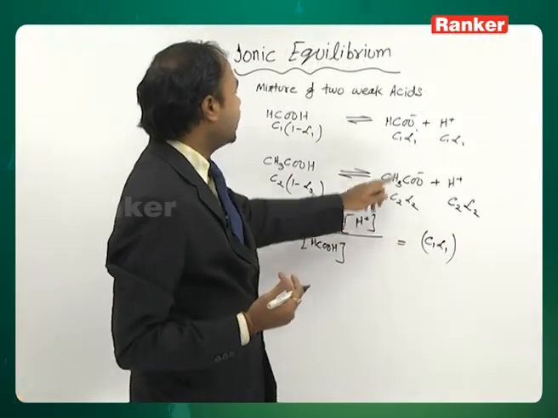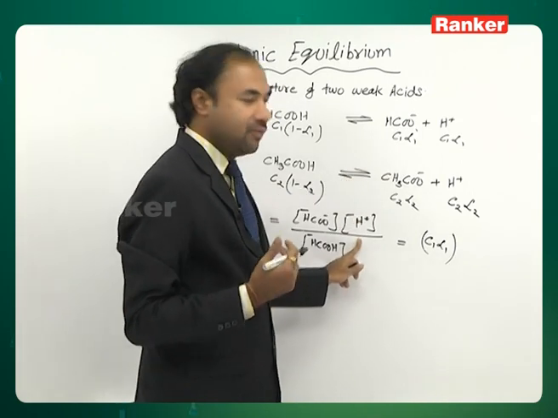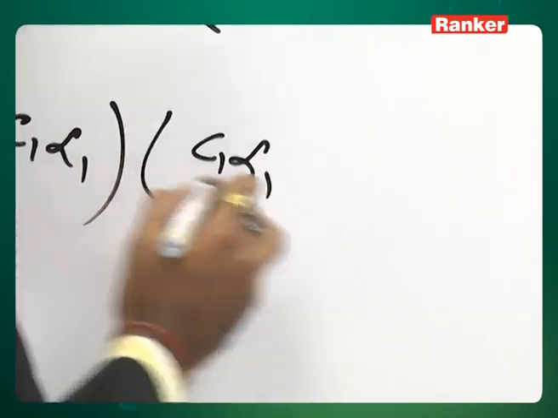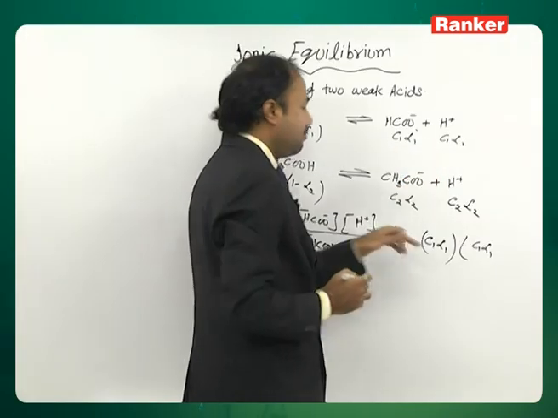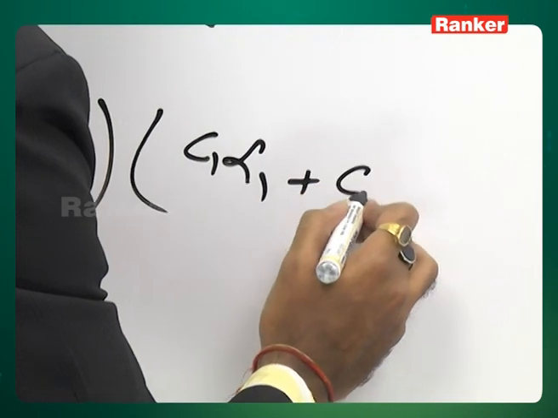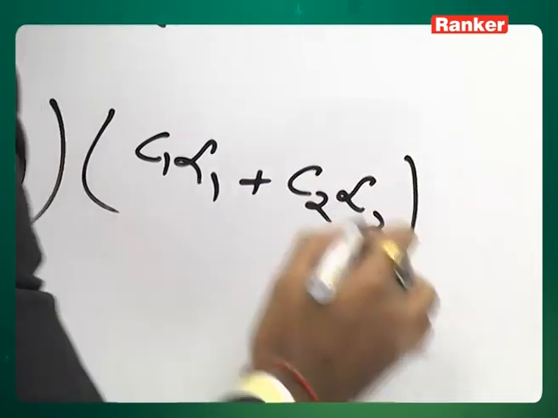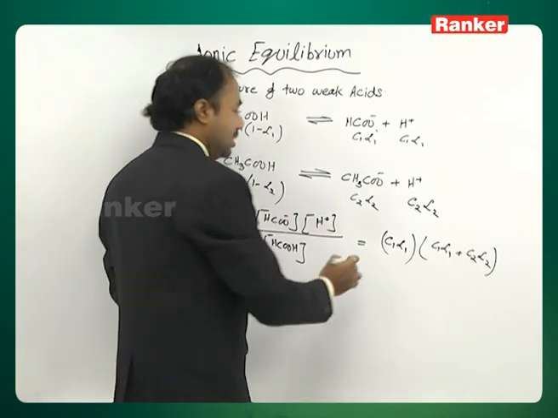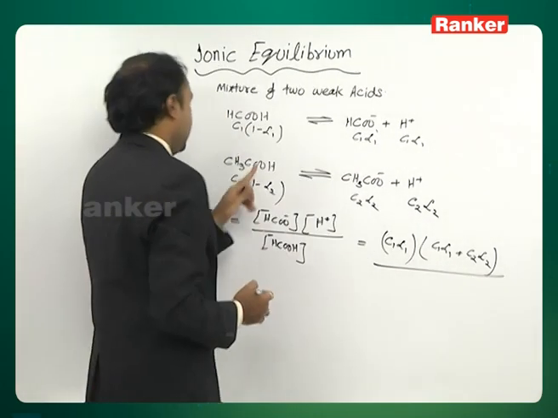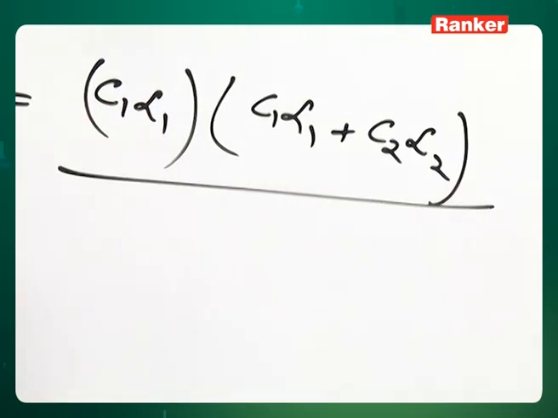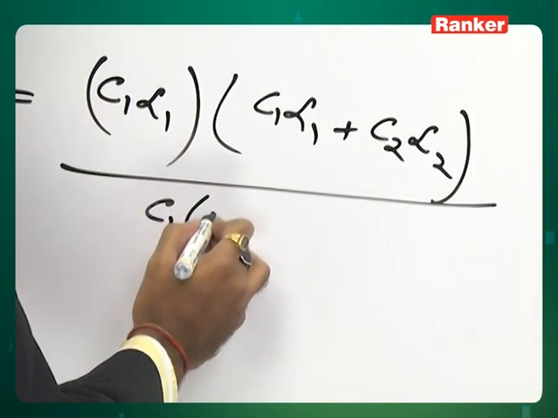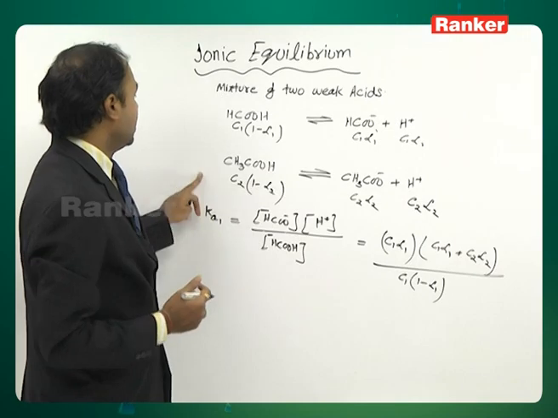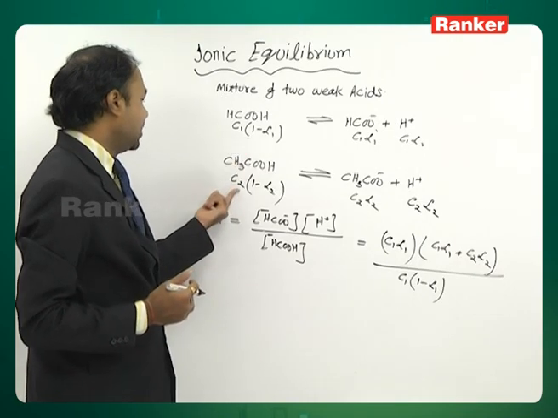So, we have to write the total concentration of H plus ions here, which will be C1 alpha 1, which is coming from formic acid, plus C2 alpha 2, which is coming from dissociation of acetic acid, upon concentration of formic acid, which is C1 into 1 minus alpha 1.